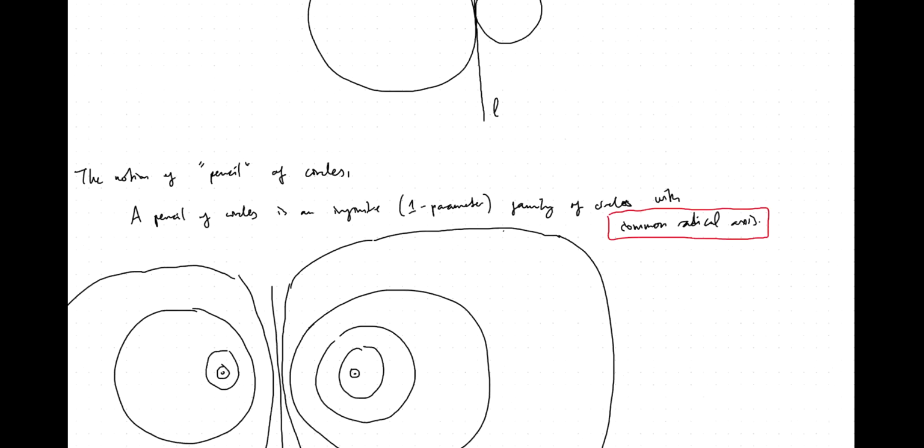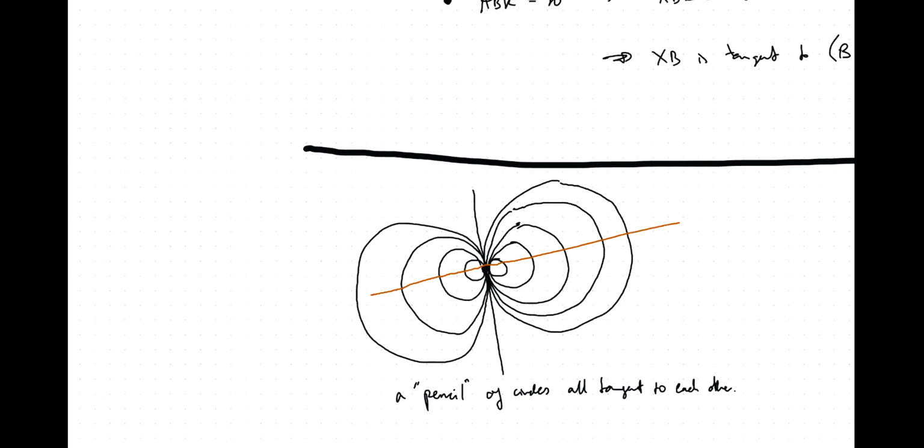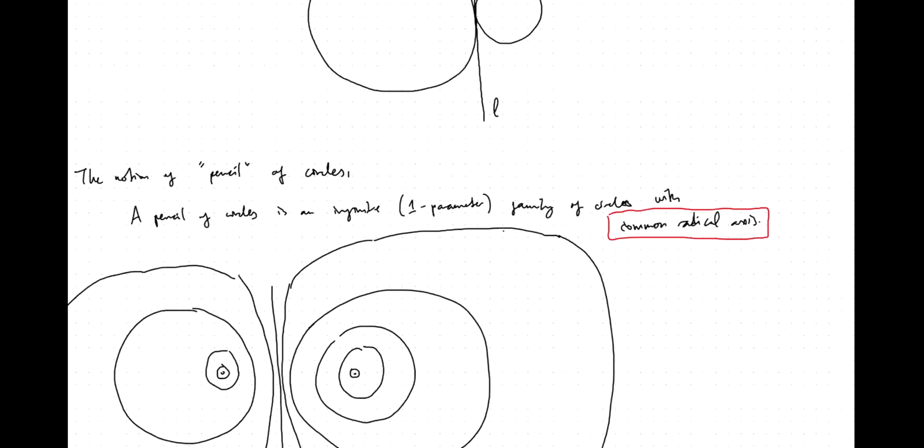From this you can see that when I said this is a picture of a pencil of circles, this is a really very special picture when the radical axis is tangent. In general, whenever the radical axis is common, we call it a pencil.